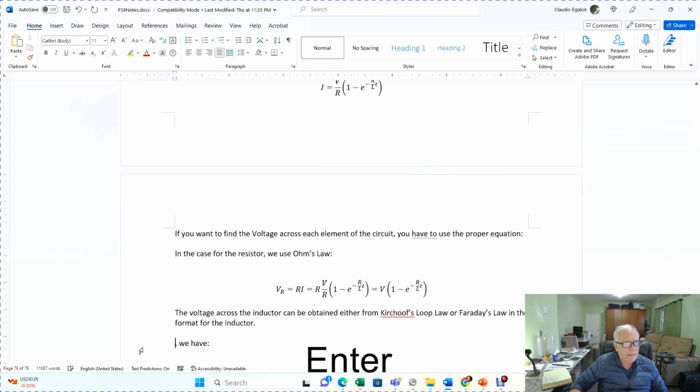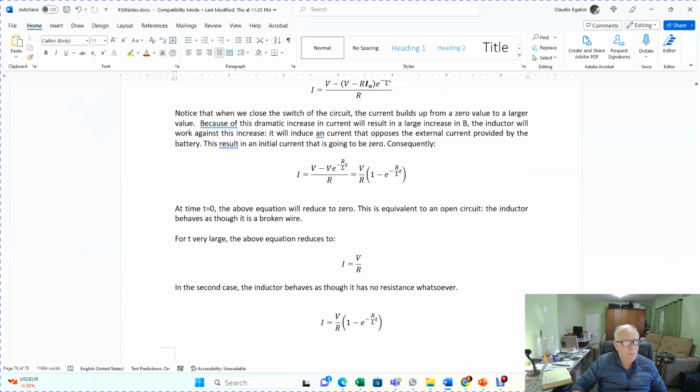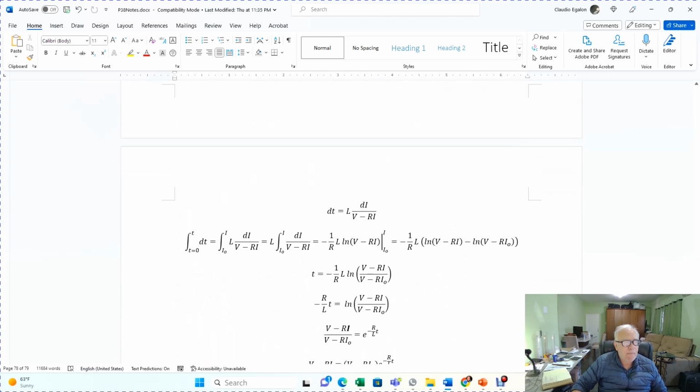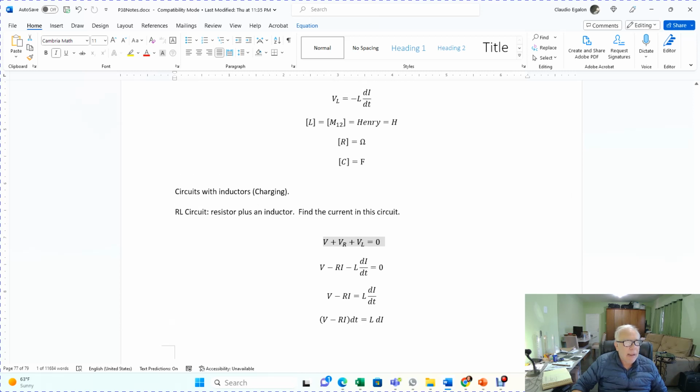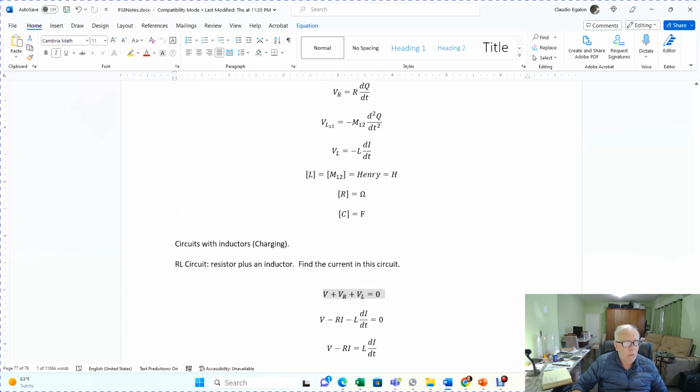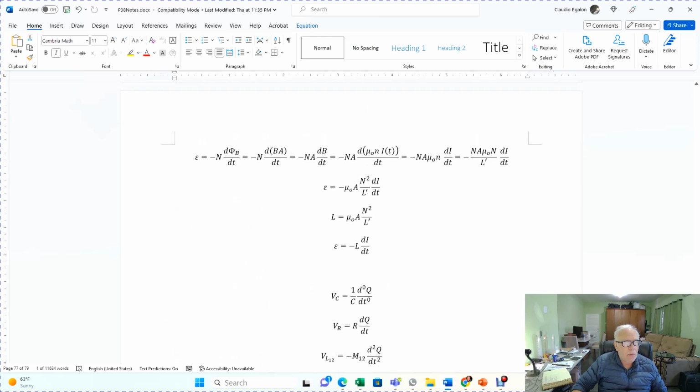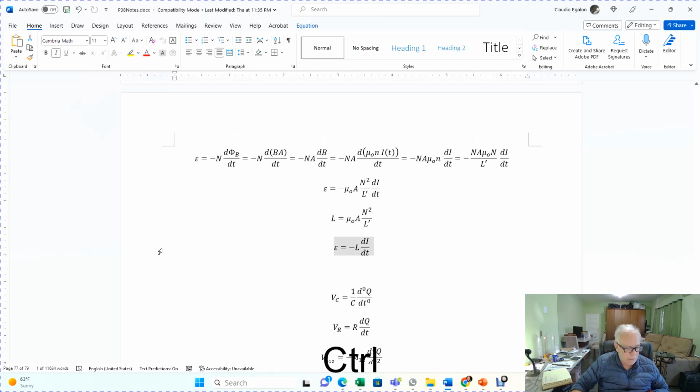So how is that? Let's go back to that equation that we saw. Here's Kirchhoff's loop law, and we have also this one right in here.